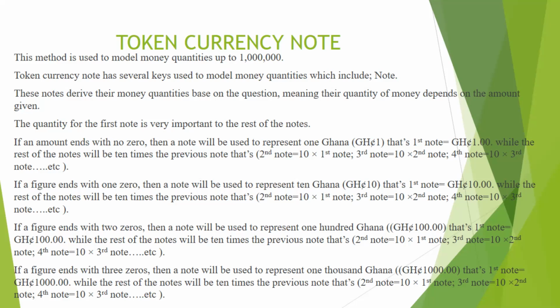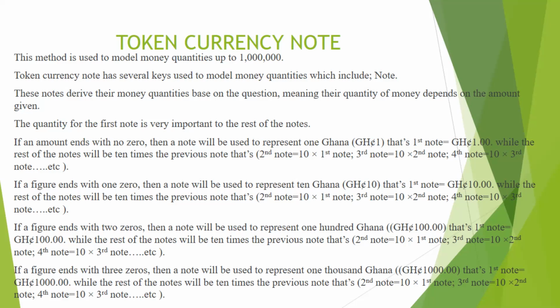If an amount ends with no zero, then the minimum note, or the starter, is supposed to be 1 Ghana cedi. That will be the first currency note that you use to model a number that ends with no zero. The next note will be 10 times the first note.